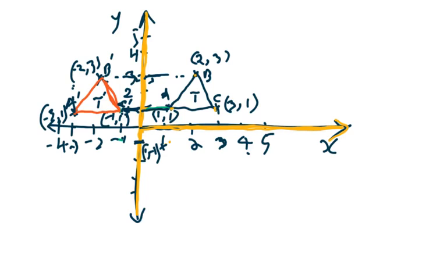That would be A. B will be here. That distance there should be the same as that there. So it will be 3, negative 1.